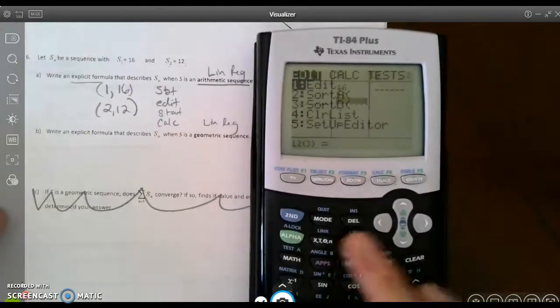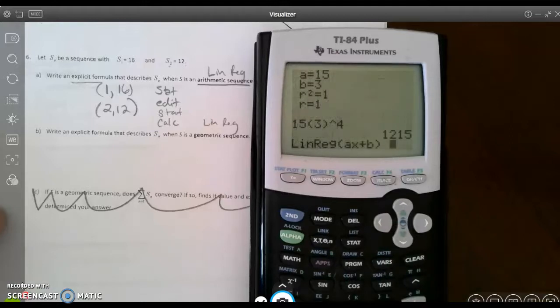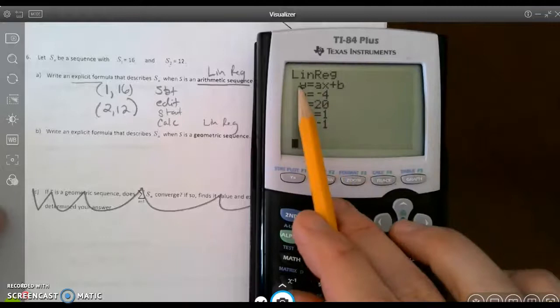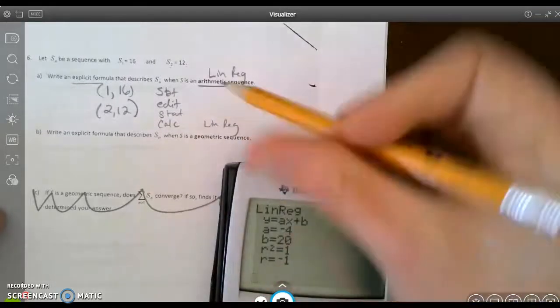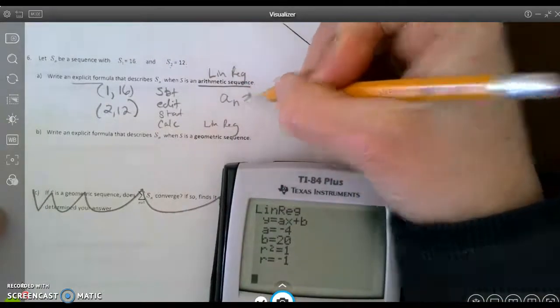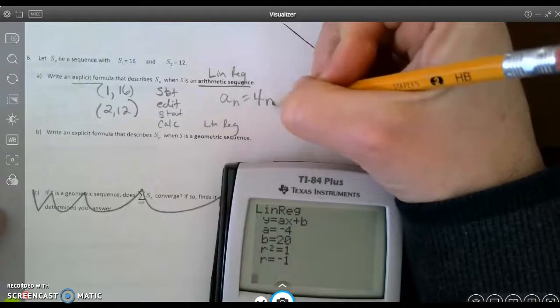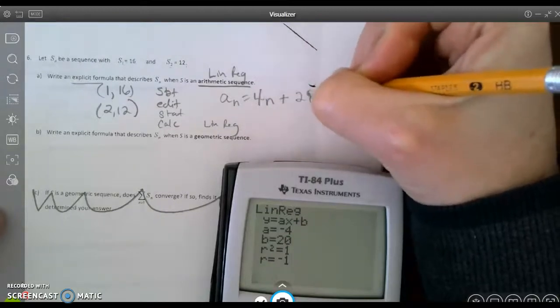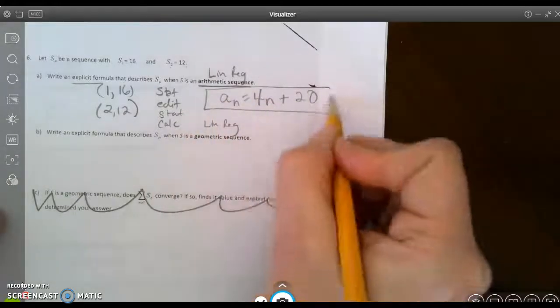So I've got Stat and Calc, linear regression. And instead of x, I just write n. And instead of y, I just write a sub n. So a sub n equals 4 times n plus 20. And there's my explicit formula.